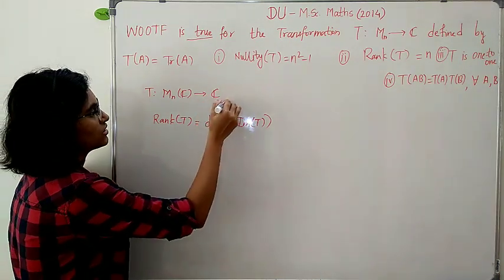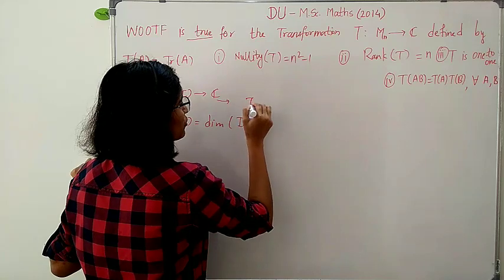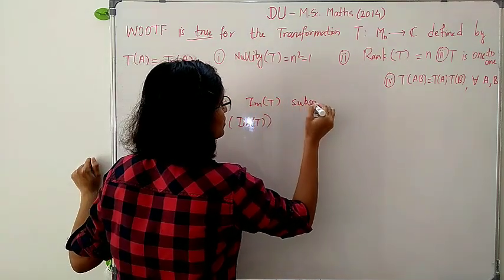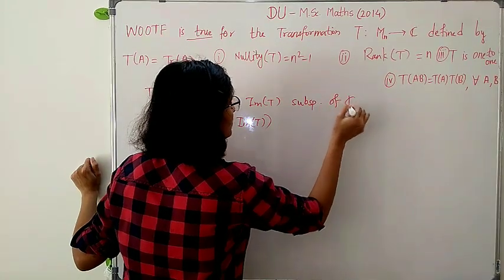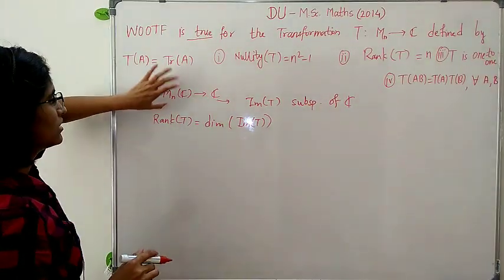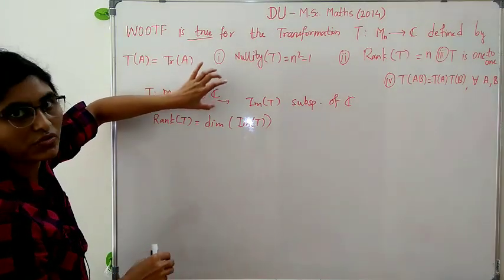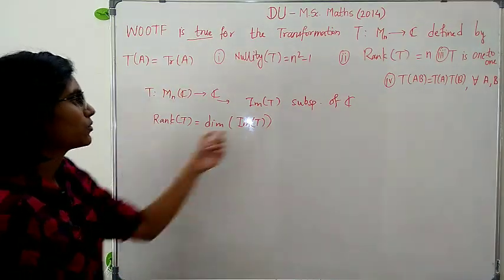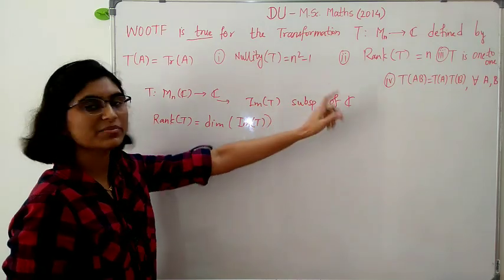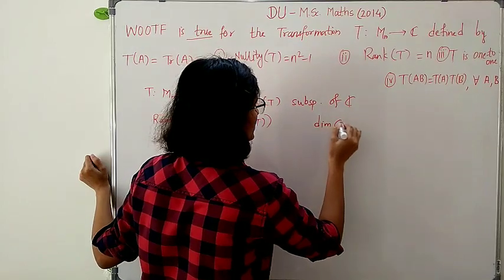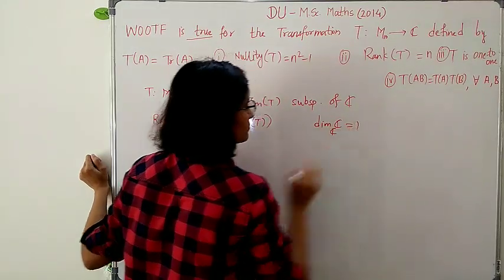This image of T is a subspace of C, right? Kernel is a subspace of the domain, image is a subspace of the codomain. So here image is a subspace of C, and we know that the dimension of C over C is 1.